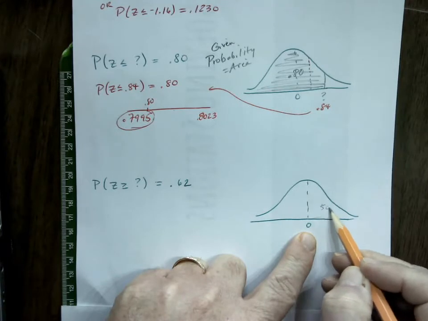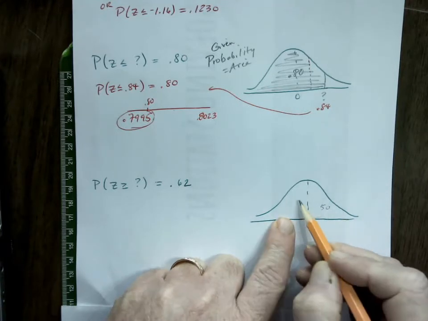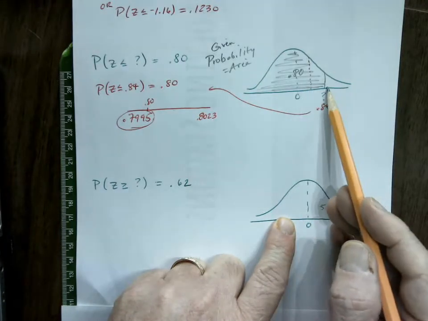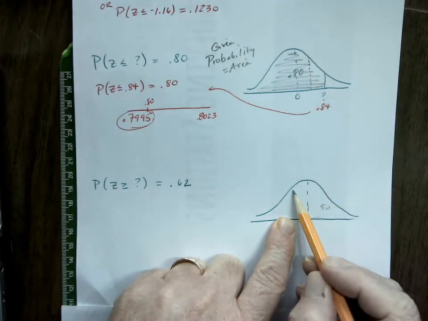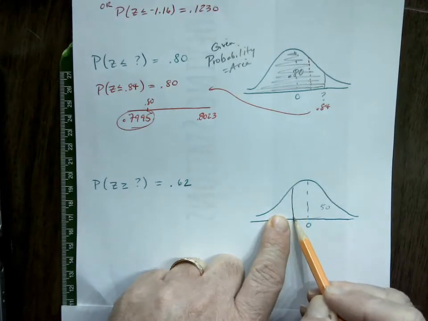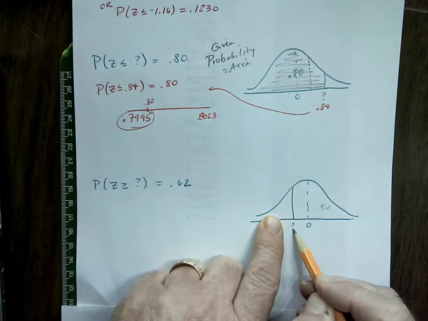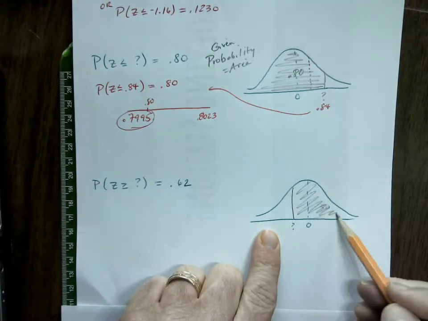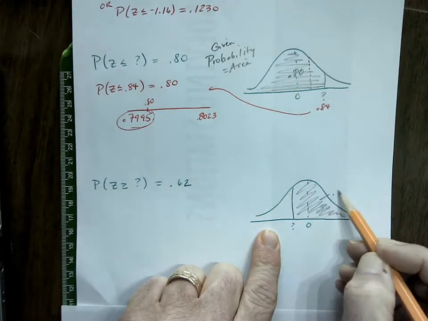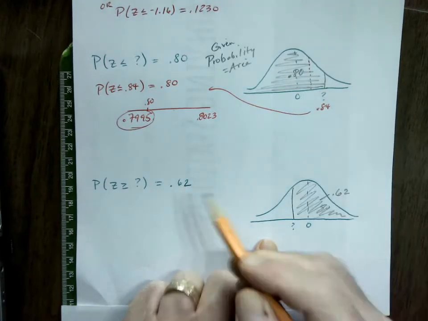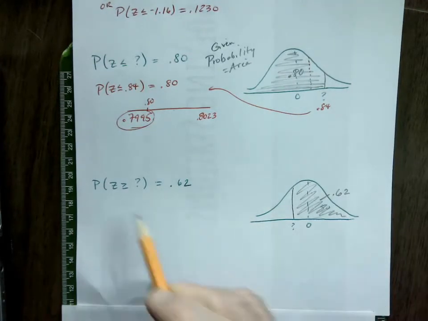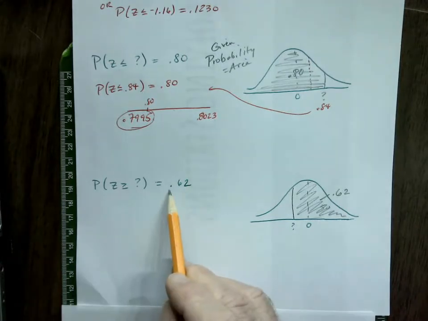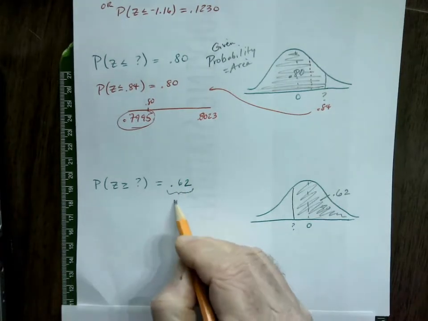So I'd have to go on this side, kind of like we did up in this problem, but we went that direction. I have to come over here somewhere to get a z-value that I don't know, whose area, this area here, is 0.62. Again, they're giving me the probability. So it's important to be able to read this sentence and know that this here is the probability.